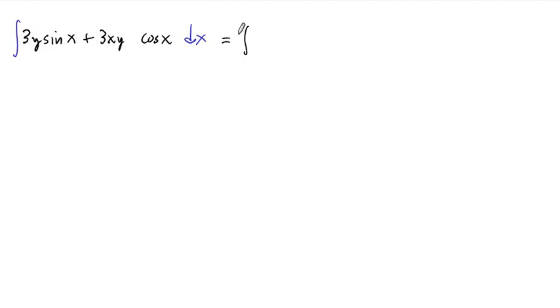The first one is 3 times y times the integral of sine of x dx, plus the next one, 3 times y times the integral of x times cosine x dx. Okay, I've taken out the constants, and remember, when an integral is with respect to x, the y variables are treated like constants.